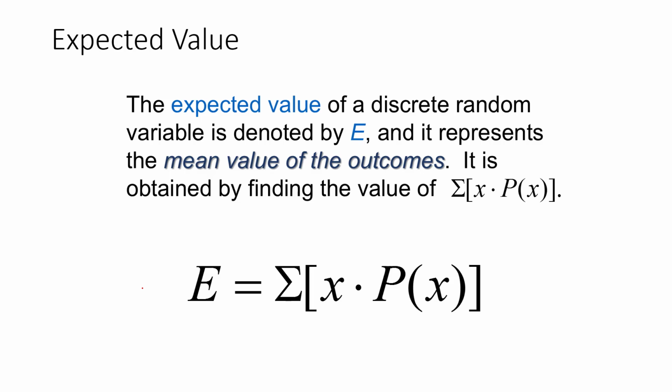And remember, when you're finding the mean of a probability distribution, you just multiply x times the probability and add them up. This is really just the mean, mu. So it's nothing new, but it has a different name. So when you see those in your homework, remember, expected value just means mean.